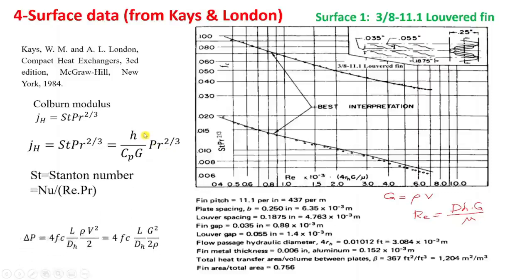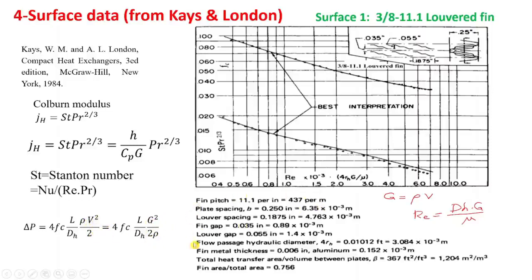For the pressure drop, we know the relation that says the pressure drop due to friction is 4 times the friction coefficient, this is friction coefficient, not friction factor, multiplied by the ratio L over dH, multiplied by the kinetic energy, rho v squared divided by 2. If you multiply this equation by rho in the denominator and numerator, then you get G squared divided by 2 rho instead of rho v squared over 2.